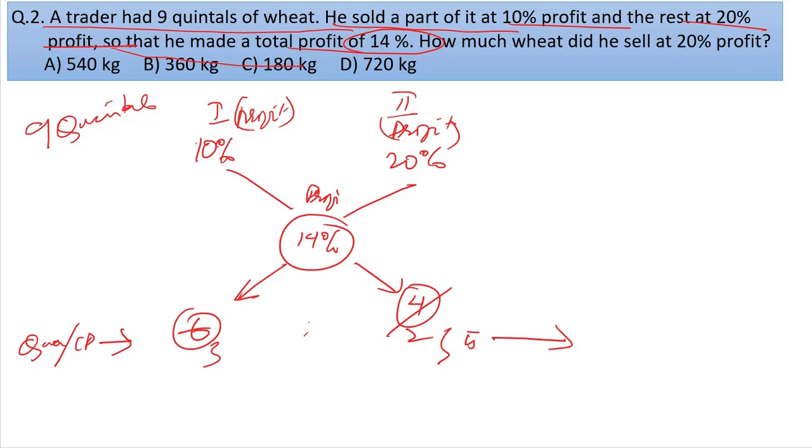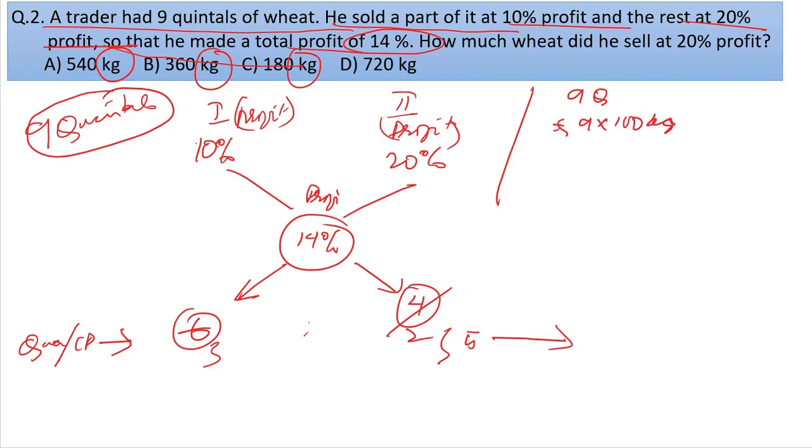The answer is in kilogram, but the question is given in quintal, so we need to change quintal into kilogram. 9 quintal equals 9 into 100 kg, that is 900 kilogram. We have 5 units equal to 900 kilogram, so 1 unit is 180.